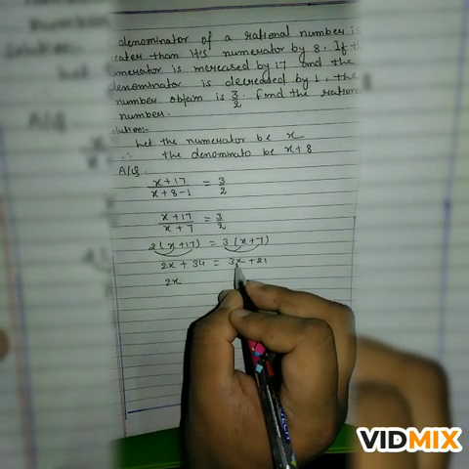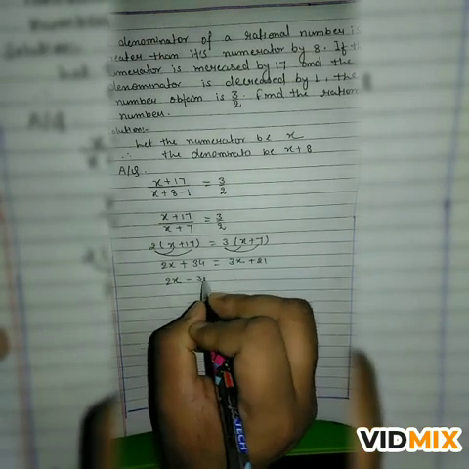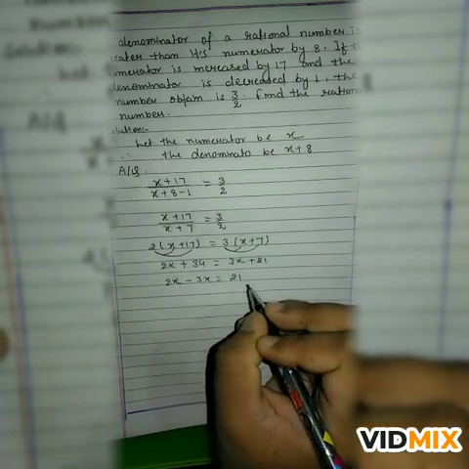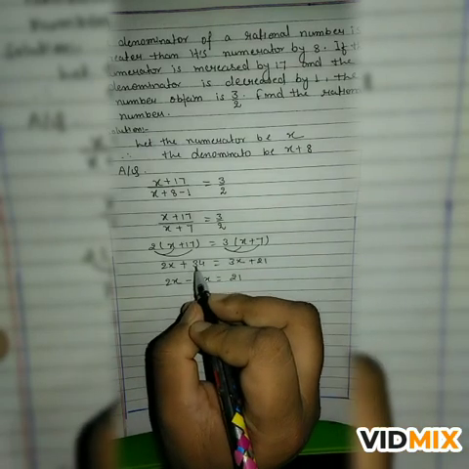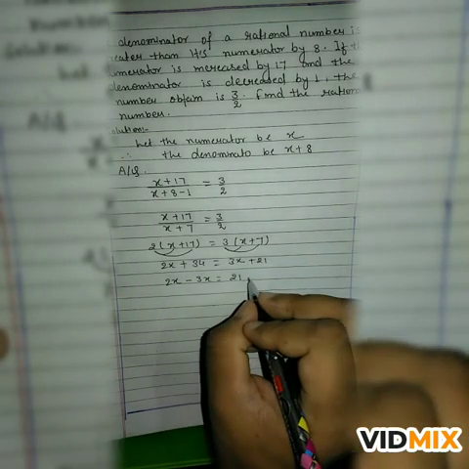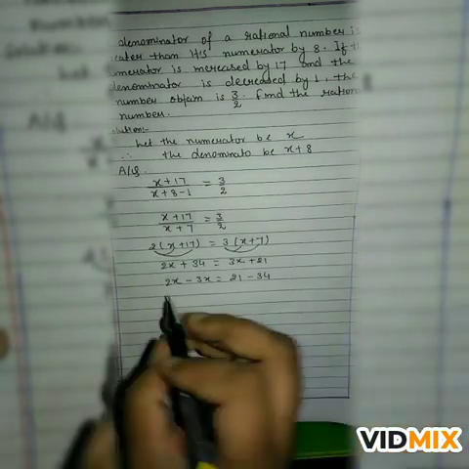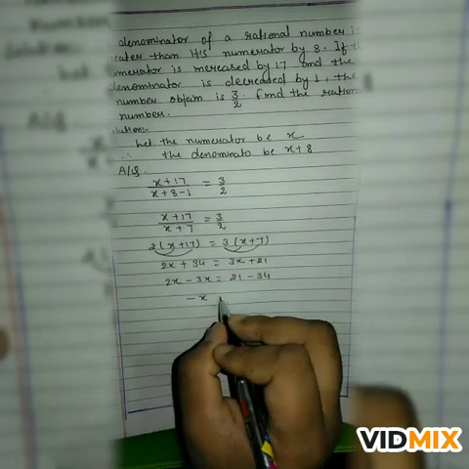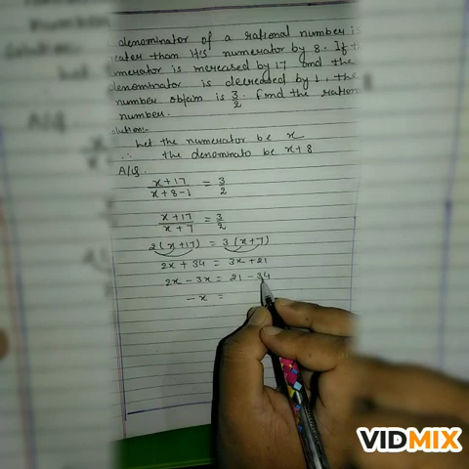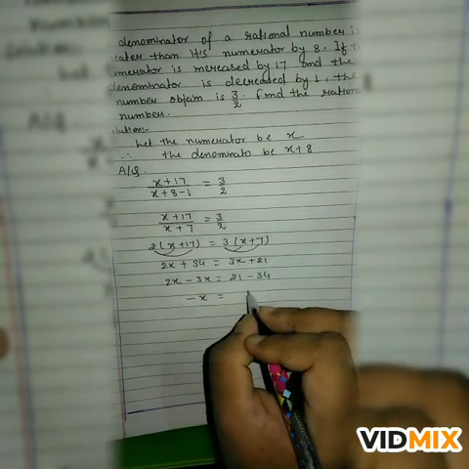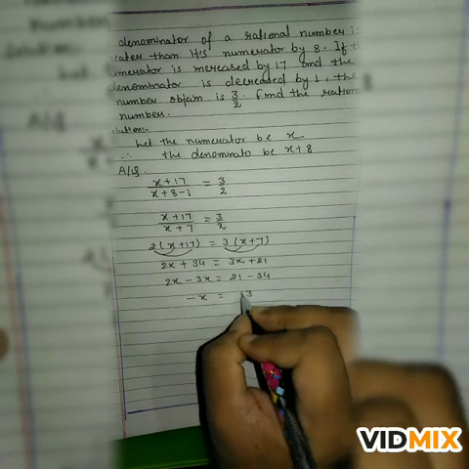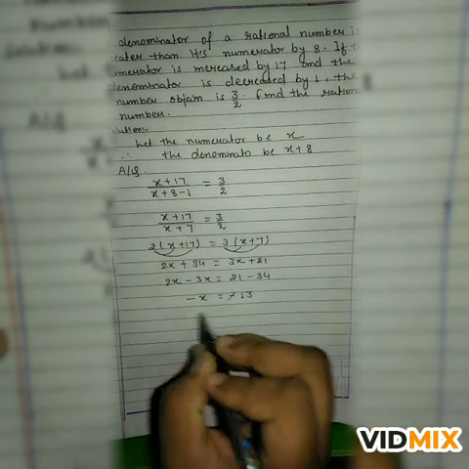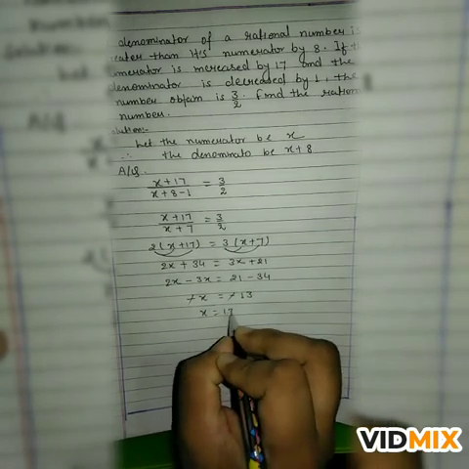Take the 3x from the right hand side to the left hand side, so it becomes minus 3x, and here is 21 on the right hand side. Now take the 34 from the left hand side, so it becomes minus 34. So 2x minus 3x becomes minus x is equal to 21 minus 34, which becomes minus 13. So minus minus cancel and x is equal to 13.